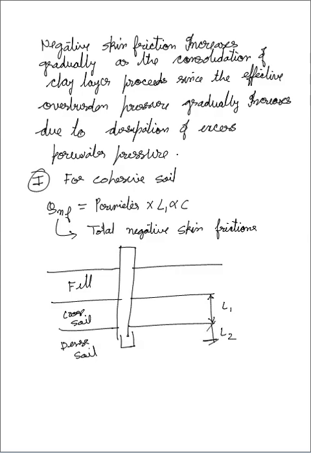Here we are concerned with L1, the thickness of the loose soil. Then factor of safety FOS is equal to QUP minus QNF divided by the applied load. We have seen applied load is your capital Q.